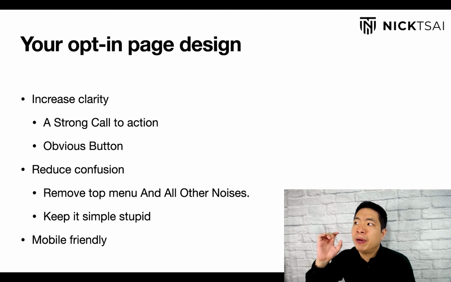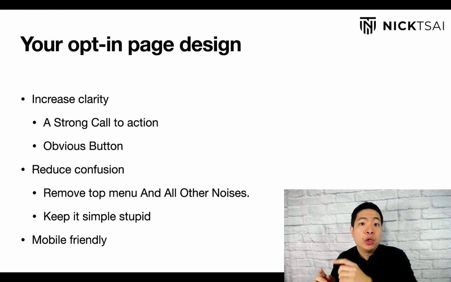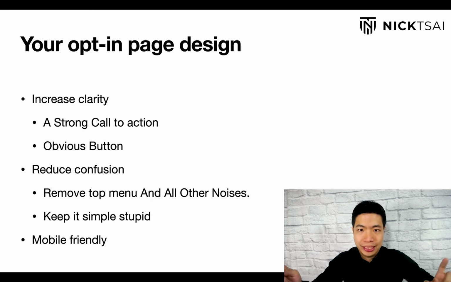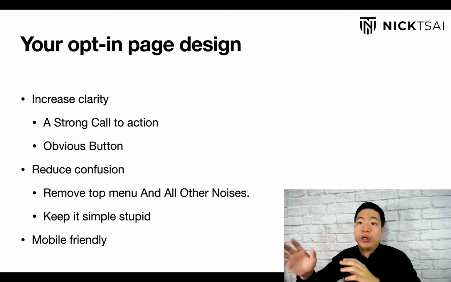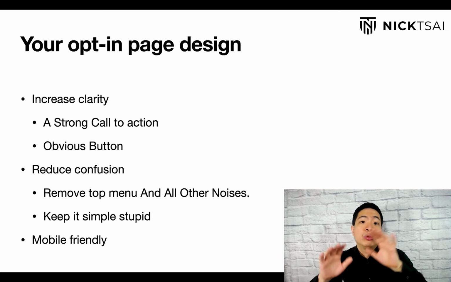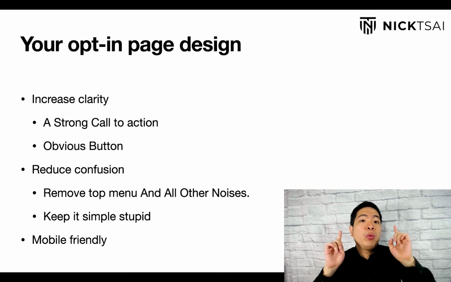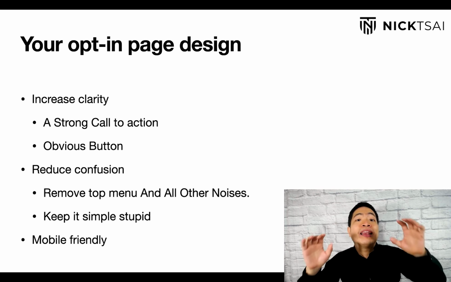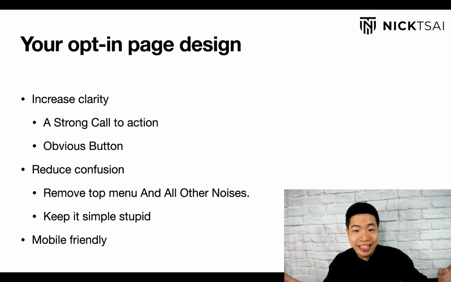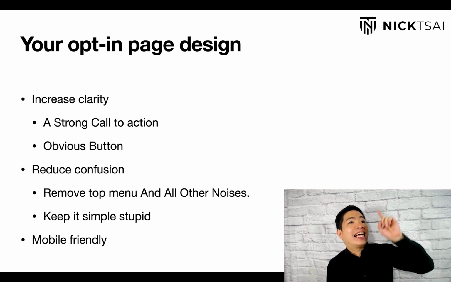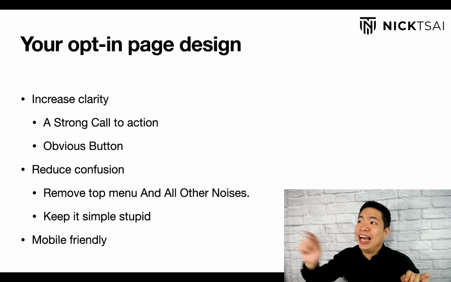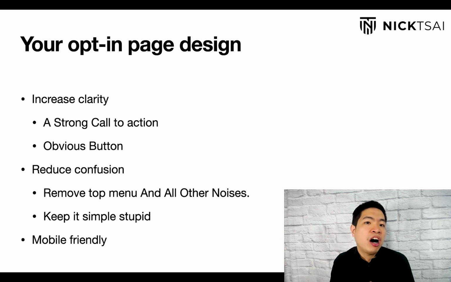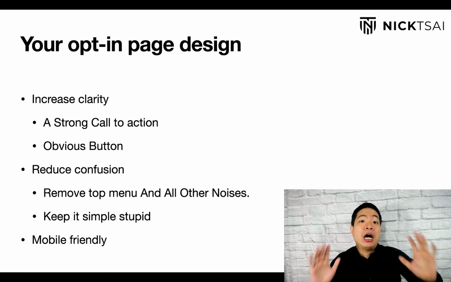Make your button really obvious, and remove the noise, those big logos, or you can make the logo smaller, or remove the menu, and make sure there's only one action they should take on each page. So there's only one action button, not too many, right? You don't say, hey, click here to get this offer, click here to get that offer. No, there's only one offer per page, so that it doesn't cause confusion.